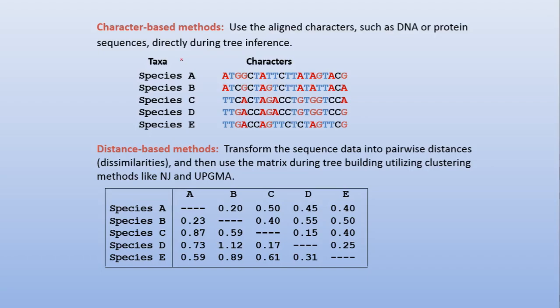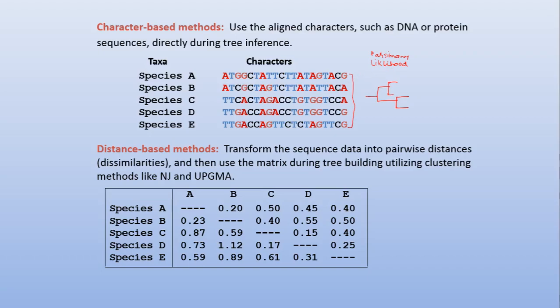The idea is that when we use character-based methods like parsimony and likelihood, we directly use data from the multiple sequence alignment, whatever character data we have in it, and generate our phylogenetic tree as such.